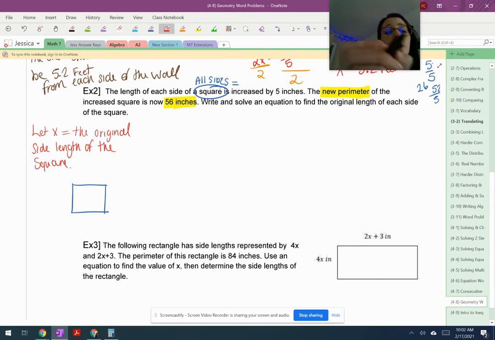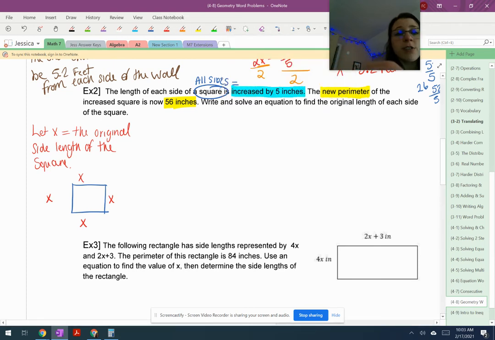Okay, so if this diagram here is our original square to start off, x would be the length of each side. So we can label each side with an x. So the problem tells us that we are then doing something to each side of the square. Each side of the square is being increased by 5 inches.